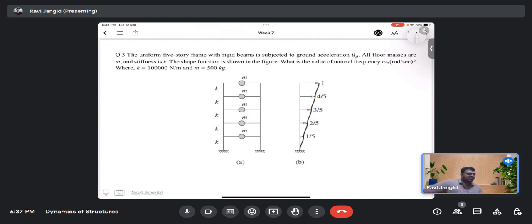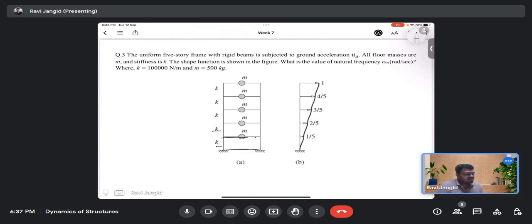You have been given the shape function. The previous question was for a continuous mass system. For the second question, this is a lumped mass system. You have been given each story stiffness as k, not the whole story stiffness including both columns.